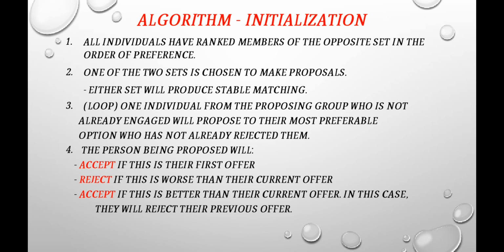So the woman can do three things. The first one, accept if she is not engaged previously, reject if she is already engaged, and accept if the current option or choice is better than the previous option.